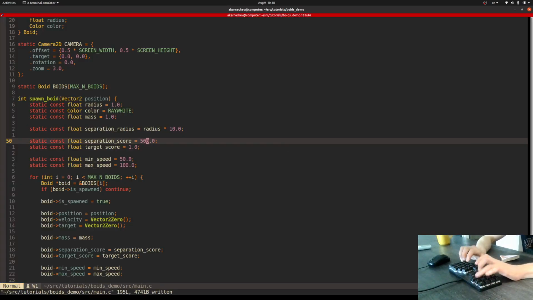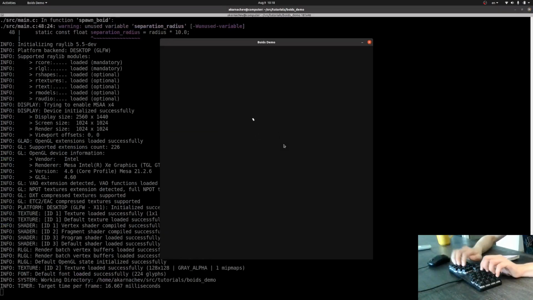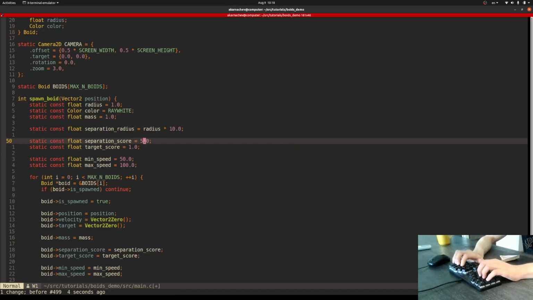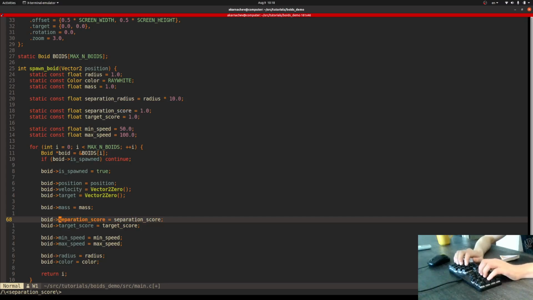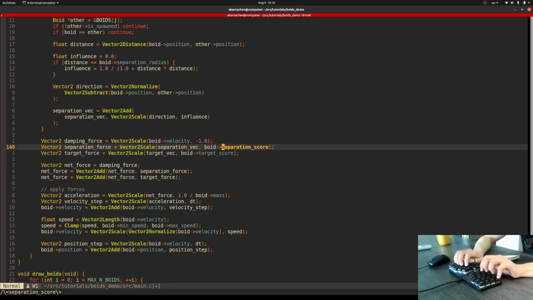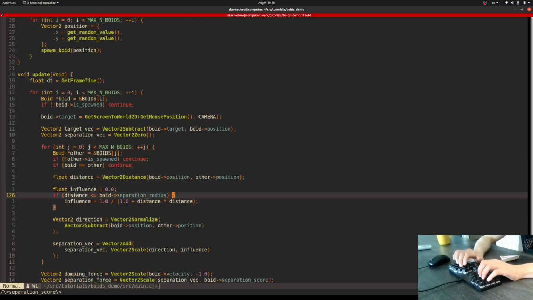Let's say just for debug purposes. Yeah, it's a mistake. Separation score influence: if distance between these two Boids is less than separation radius, I say that influence.